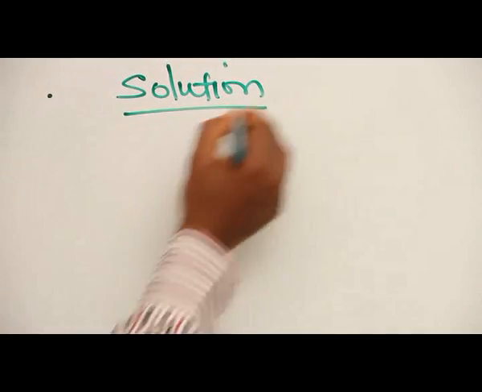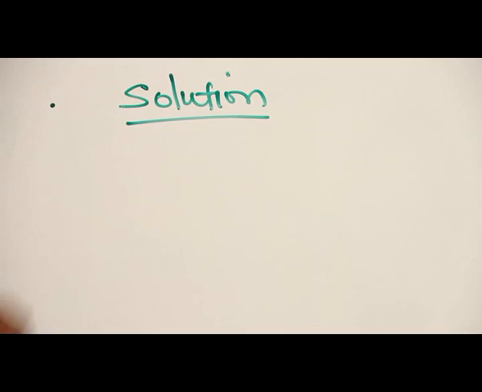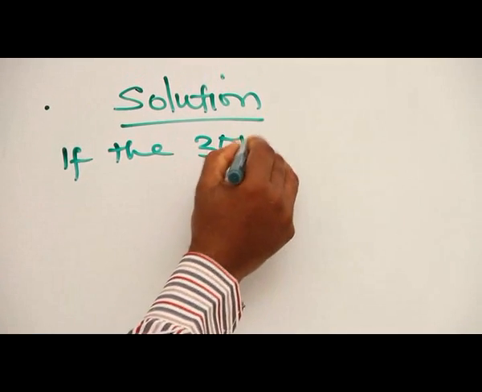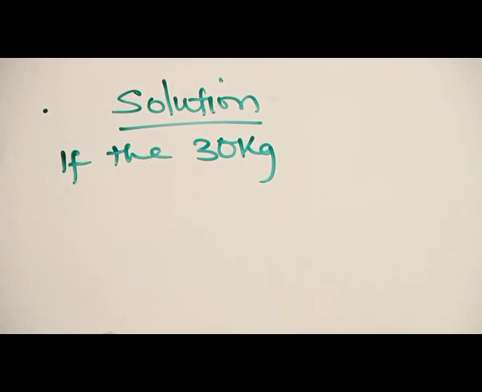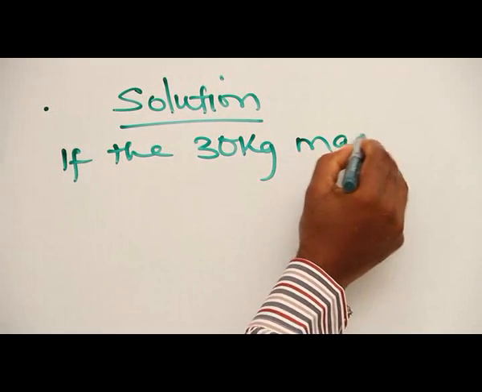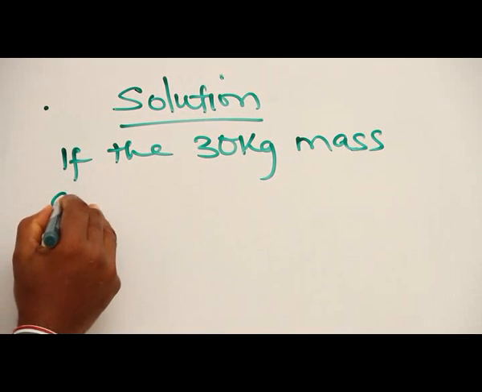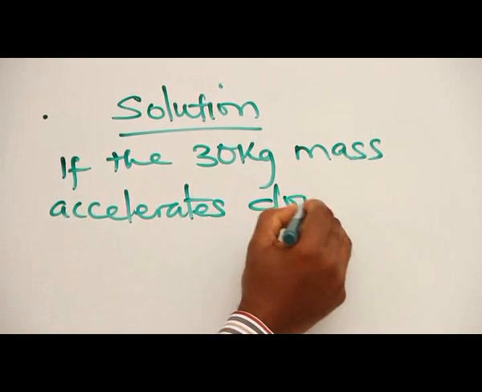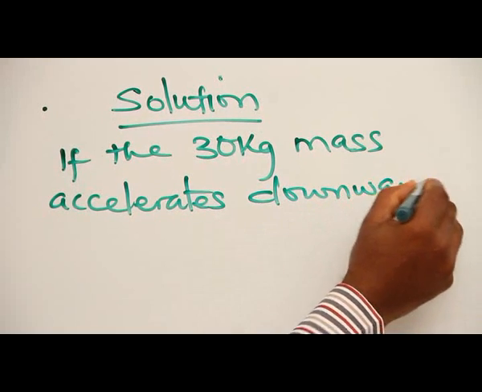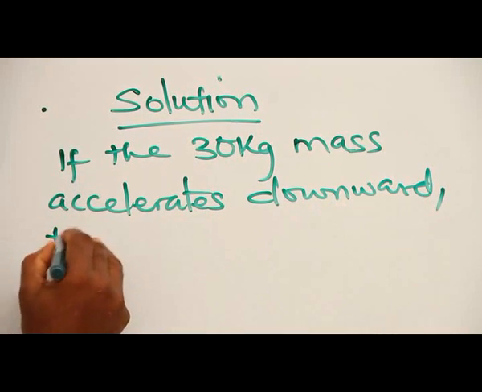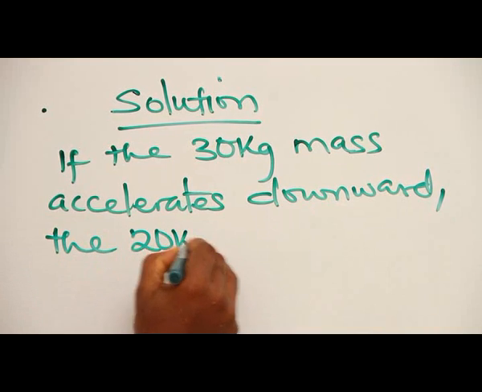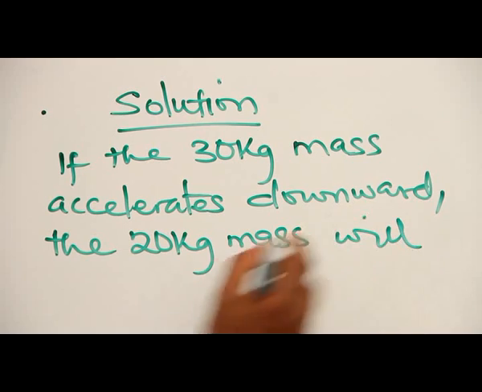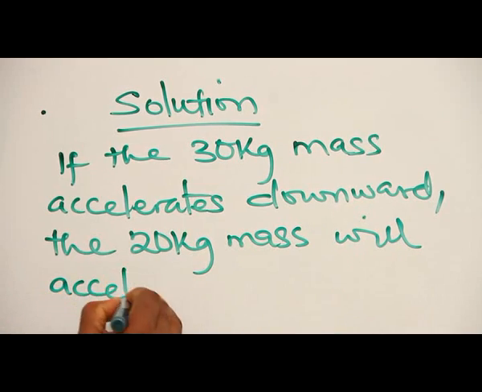Solution. If the 30 kilogram mass accelerates downward, the 20 kilogram mass will accelerate upward.